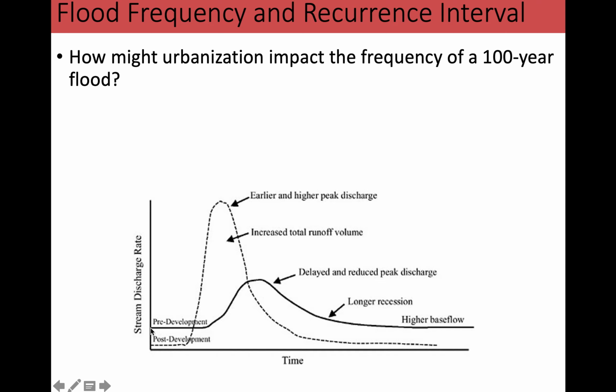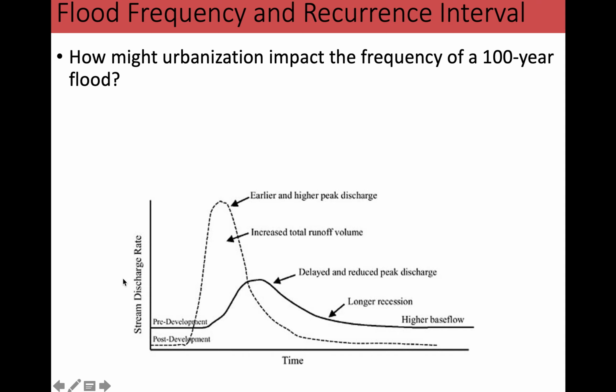So pre-development, meaning before the city was built, let's say, a flood might occur, there'd be a larger lag time, so the increase in water in the stream would happen later, and it would also be a more gradual increase. So the peak of the flood will not be as high, and it will happen more gradually. So the peak is low, and the slope is relatively low on both sides.